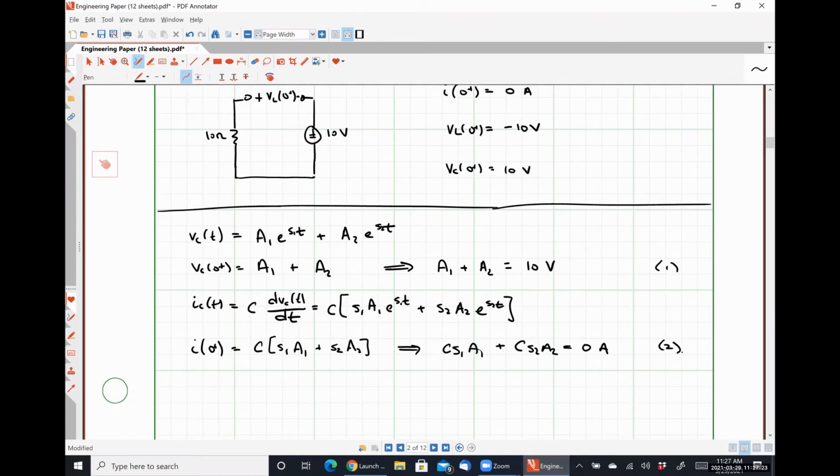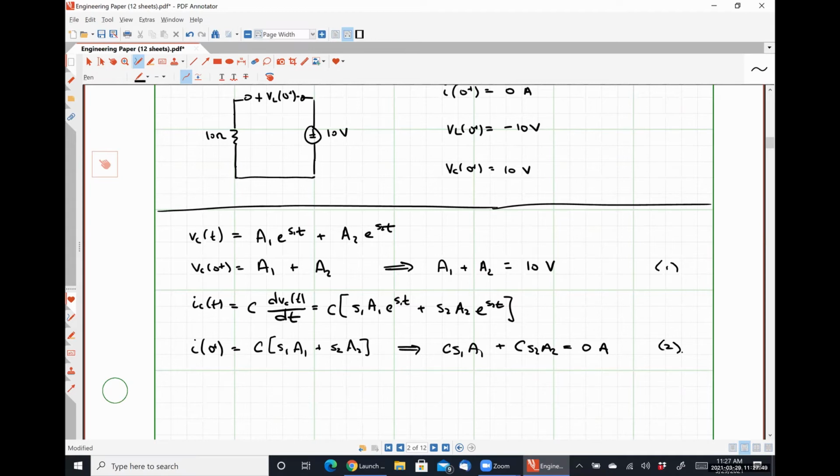This is equation 2. We now have enough information to solve our system because we know the value of C, and we know the values of S1 and S2. Because we're setting this equal to 0, the C doesn't particularly matter. We can divide both sides by C and be okay.